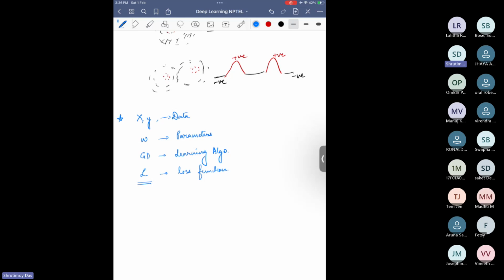So there is something called cross entropy loss, or some advanced types of loss. Whenever we use squared loss, it cannot be negative.